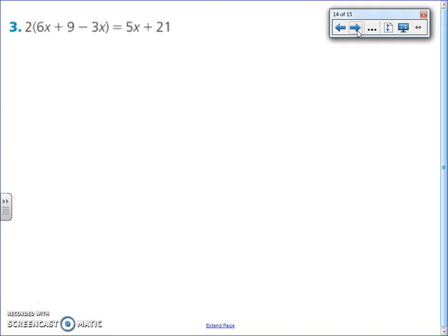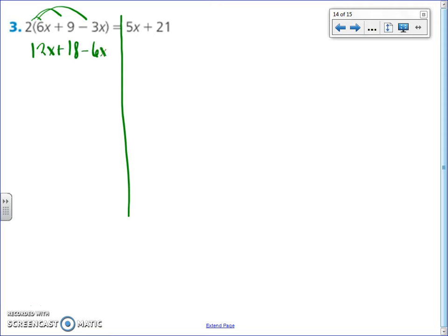Okay, number 3, we're going to start by using the distributive property. Here I'm going to distribute my 2 into all of these. I would get 12x plus 18 minus 6x equals 5x plus 21. 12x minus 6x is 6x plus 18 equals 5x plus 21.